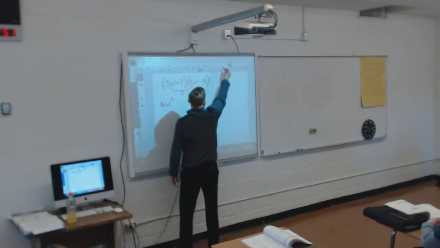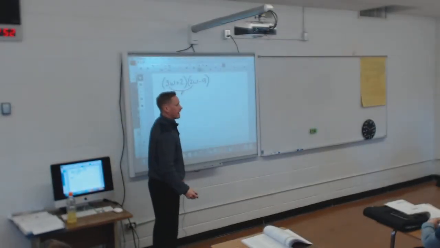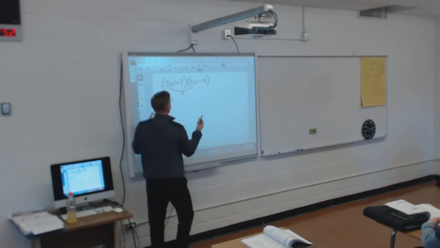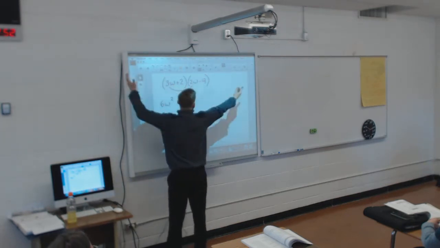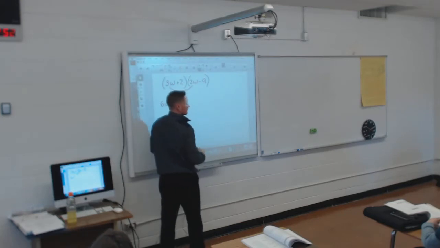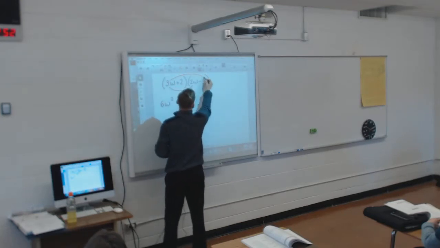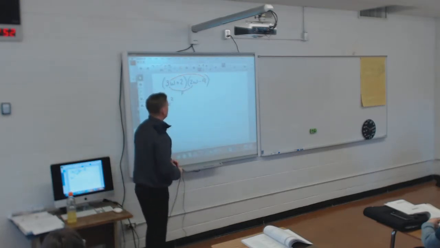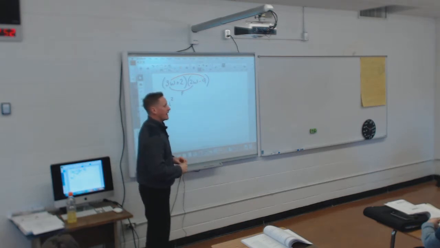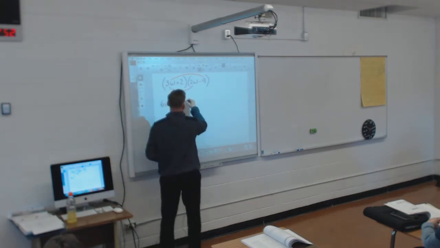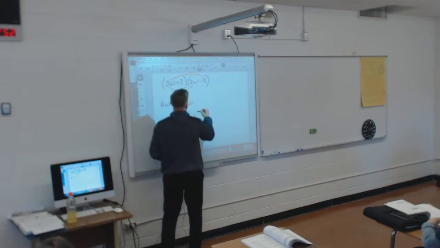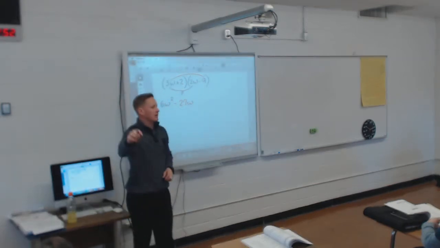Now the outside. Here's your first, your outsides are away from the middle. Correct? So there's your outside. So 3W times minus 9. That's minus 27W.